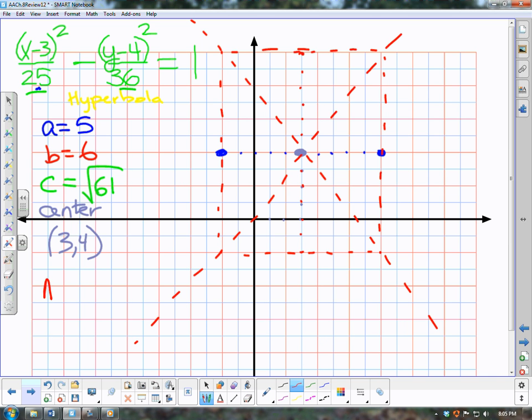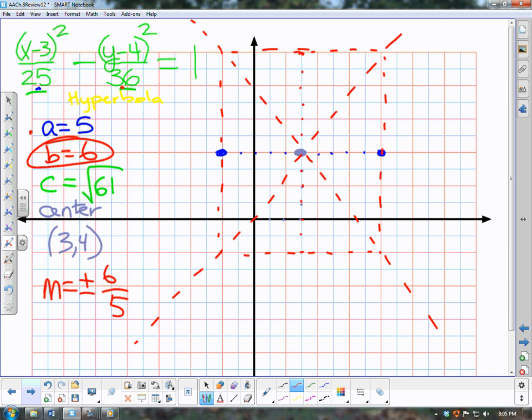And the slopes of the asymptotes are plus and minus 6/5, because you take the y part over the x part, always, because your slope is always changing y over changing x.